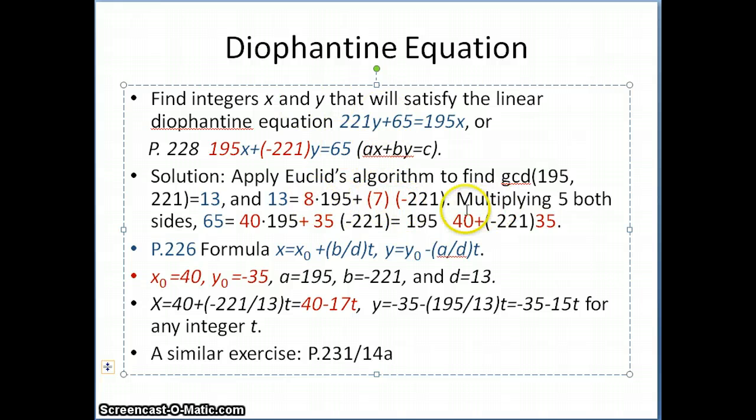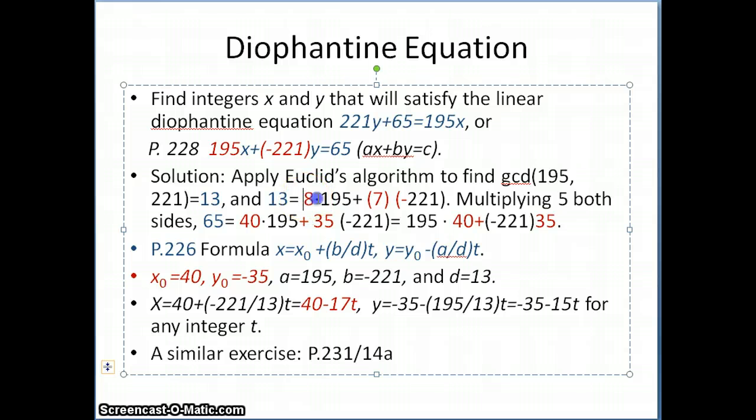That's the expression we can find from Euclid's algorithm. Instead of having 65, we have 13. So we need to get 65 in order to get close to the original equation. So we multiply by 5 because 13 times 5 is 65. We get 65. That's what we want.